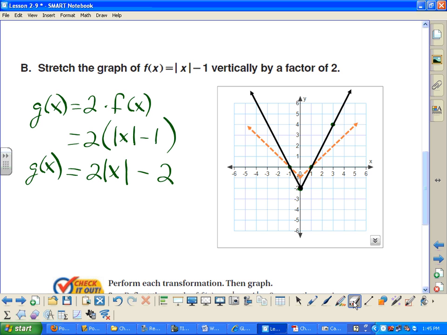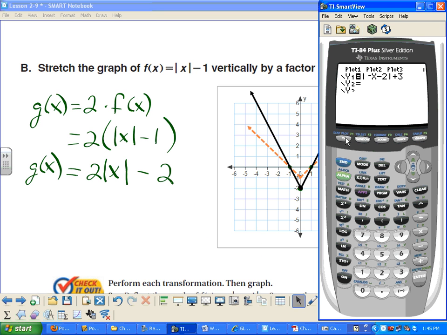So we can go to our calculator again and check to see if we did it right. We take 2 times the absolute value of x minus 1, and we graph that. And if we graph our original one also, absolute value of x minus 1, we can see that this graph that we just did is stretched vertically like that.